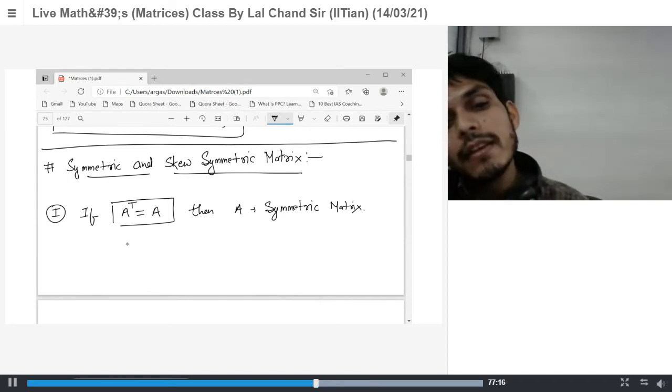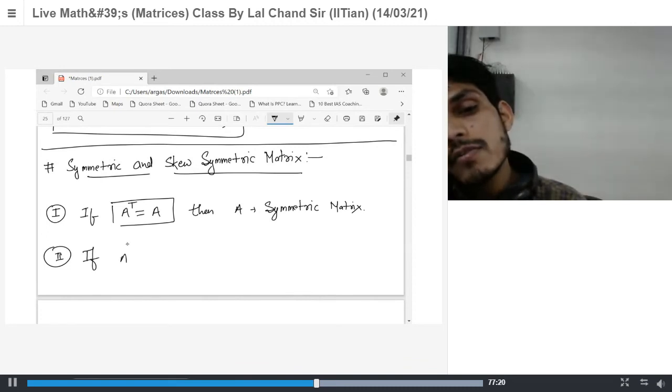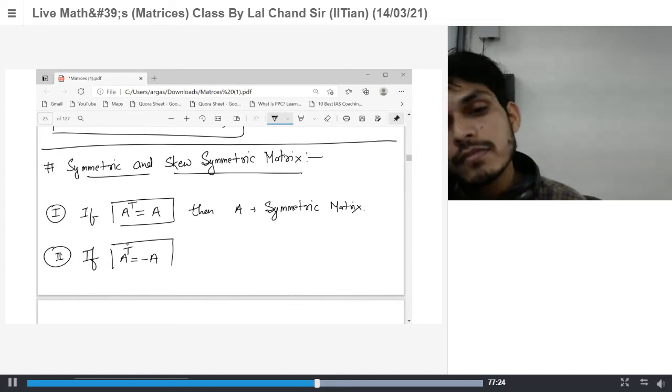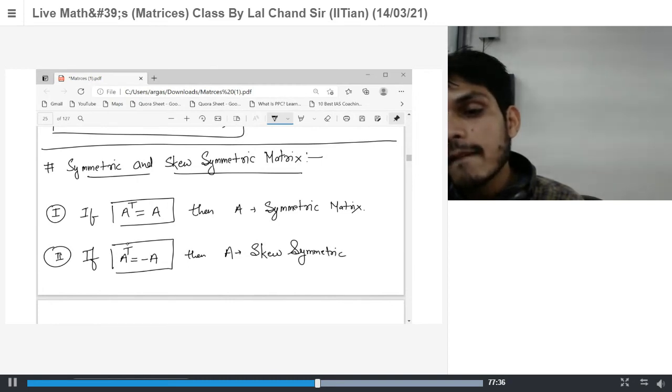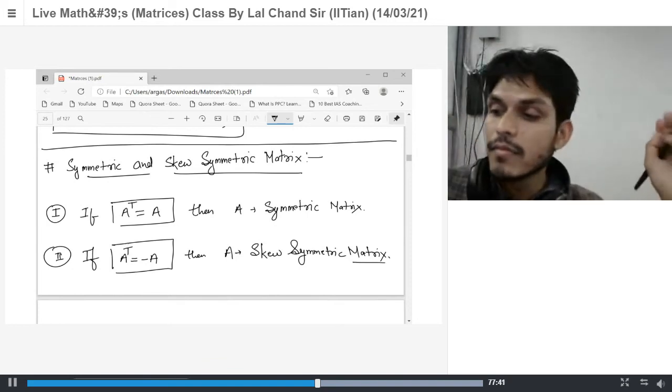And second, if A transpose is equal to negative of A, then we can say A is a skew symmetric matrix.